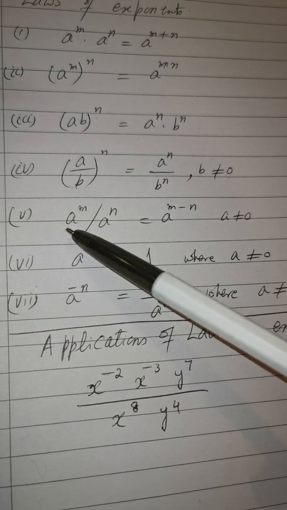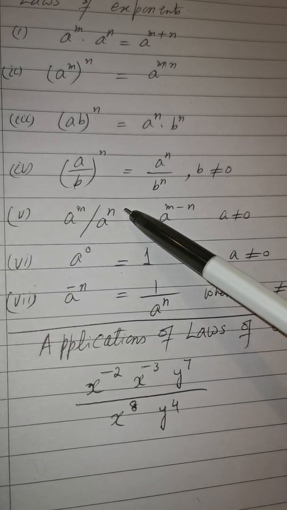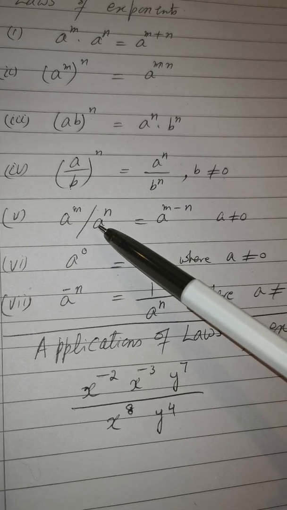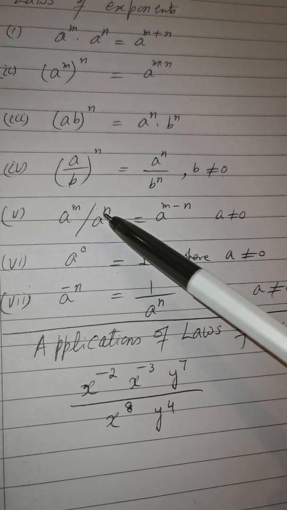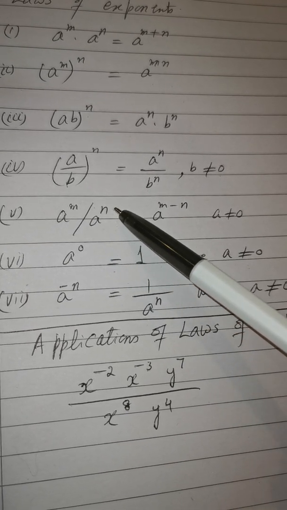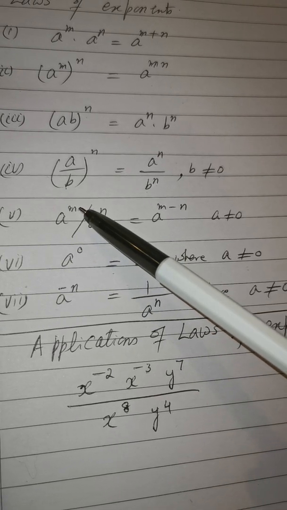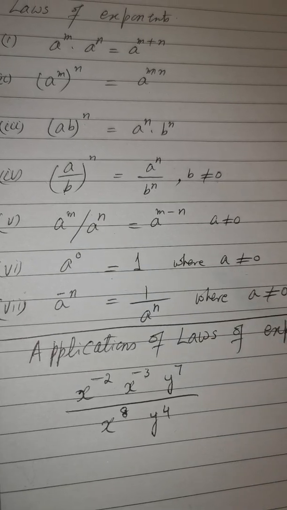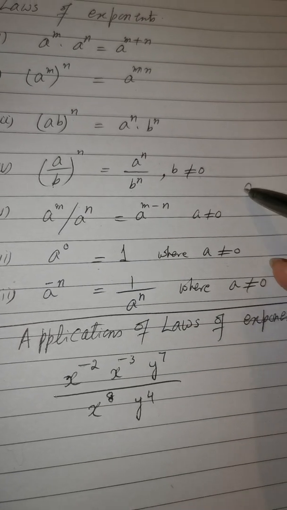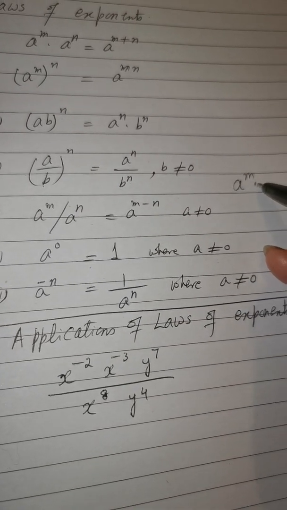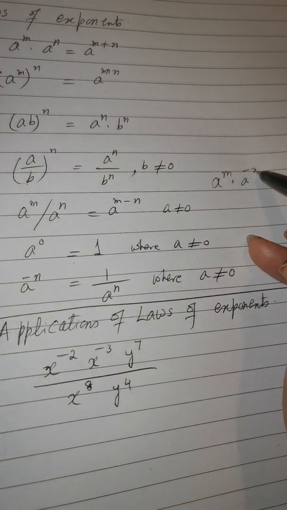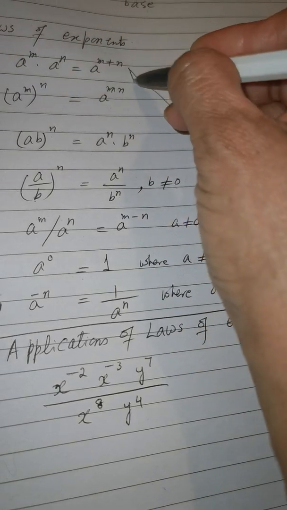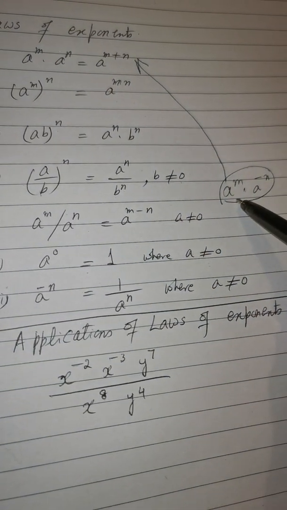And if we have a power m divided by a power n, if I want to take this from the denominator and make it the numerator, then the power will change its sign. It will become a power m multiplied by a power minus n, and the same case which we have done: powers will add to each other, right?